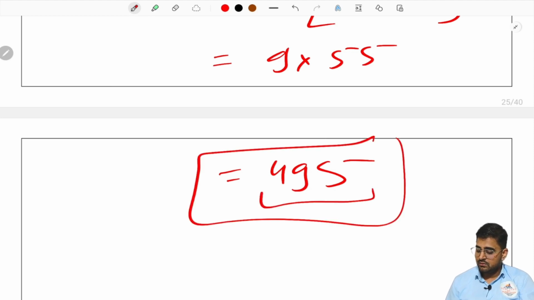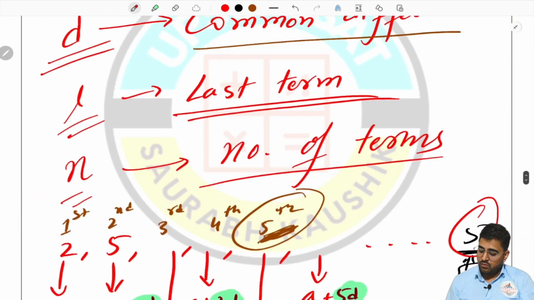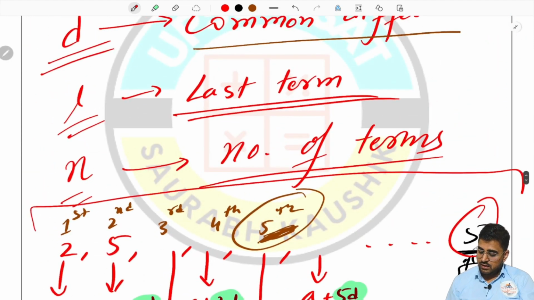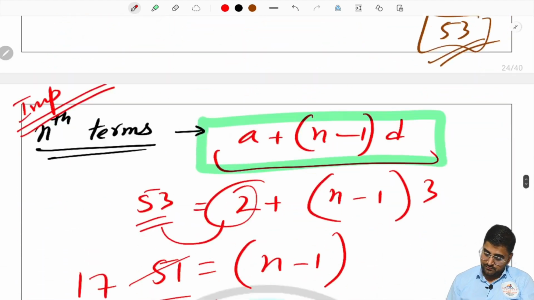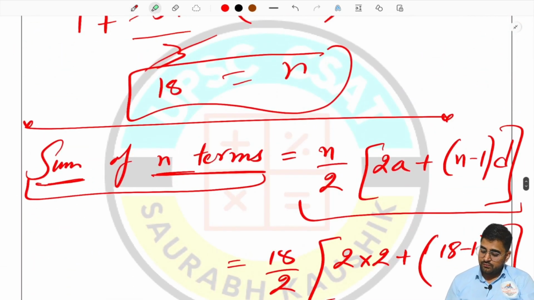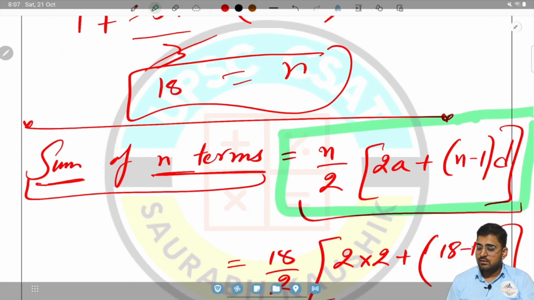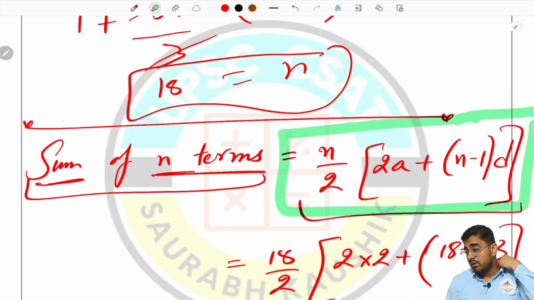So the answer is 495, meaning the sum of all these terms is 495. That's how you find the sum of any number series. It should be an AP only. This is the important thing.